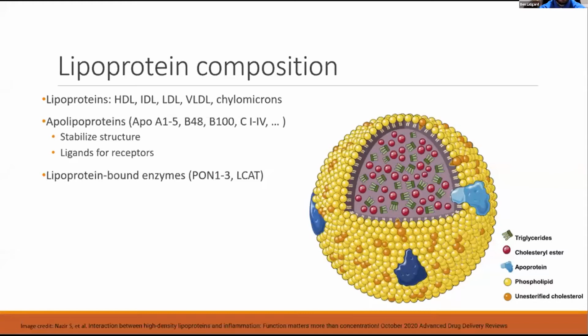These have various roles throughout the lipoproteins, but they mostly are used for stabilizing the superstructure of the lipoprotein bubble, as well as acting as ligands for receptors, so they can bind to their cells and carry out their various physiologic duties. There's other classes of proteins here too, things like LCAT, PON1 through 3. These are lipoprotein-bound enzymes that often facilitate enzymatic reactions necessary for the function of the various lipoproteins.